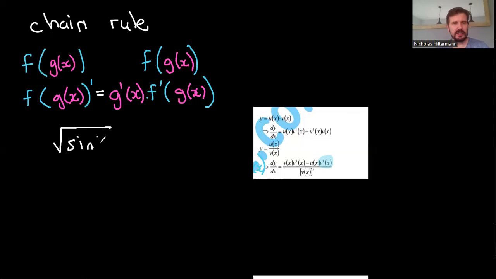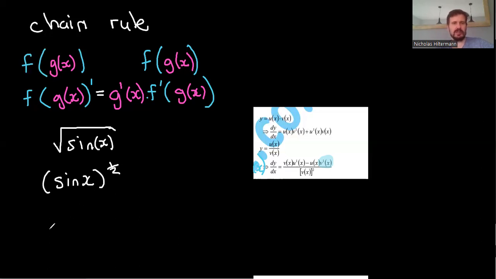Let's put a sine x in here. Anything to the square root is the same as to the power of a half. So what this is saying is sine x to the half.